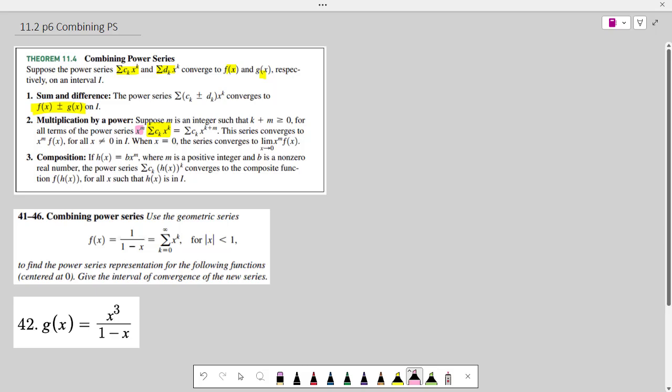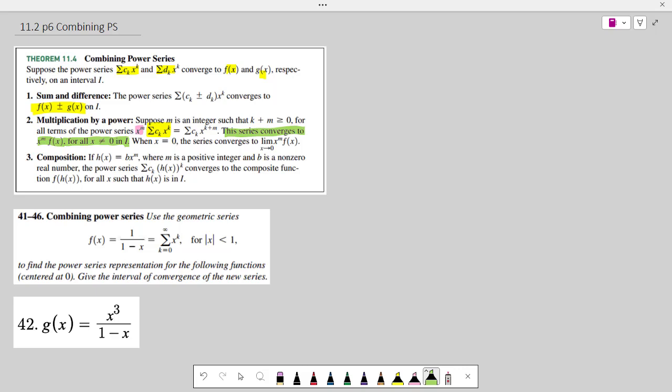That power of x can be moved inside, and it is not going to change the interval of convergence other than in one subtle way. The interval of convergence is still I, but we say this: the series converges to that quantity for all x not equal to 0.